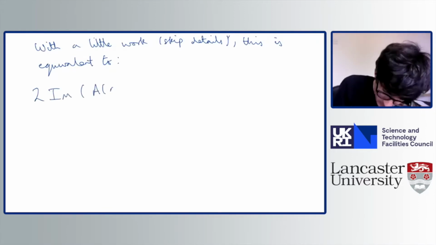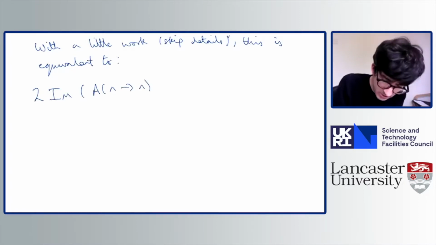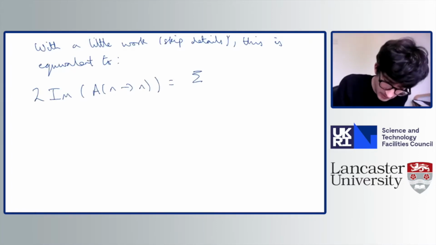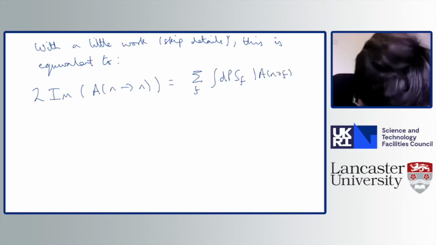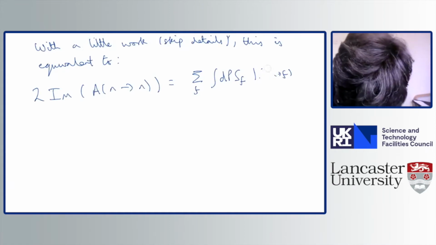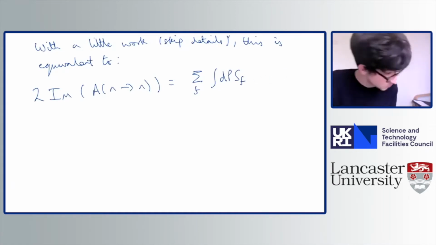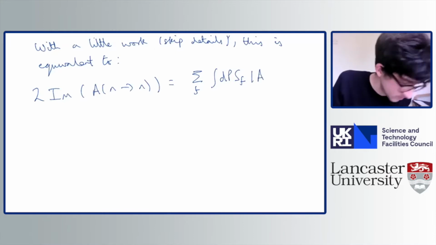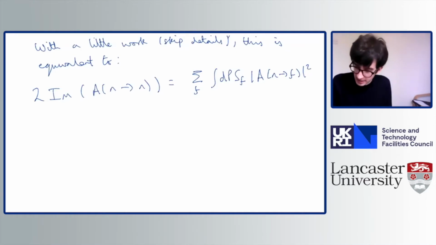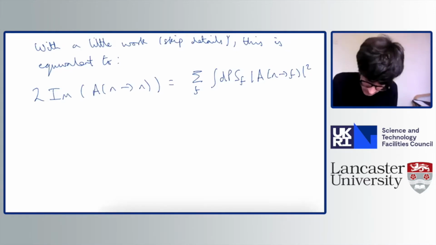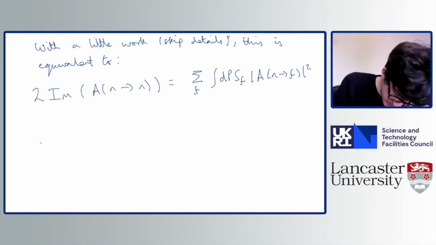Twice the imaginary part of the n to n amplitude should equal the sum over all possible particles that can be produced, integrated over their phase space. Let me write that again, sorry, like that. Let me draw that to give you a clearer idea of what's really meant there.